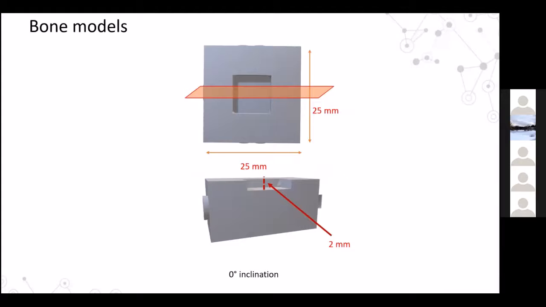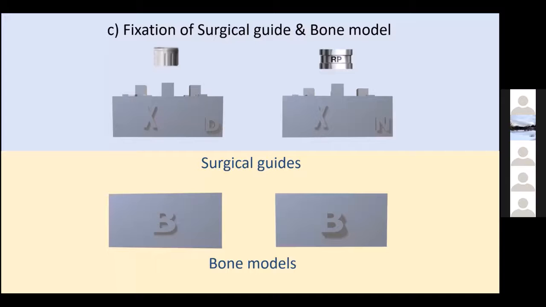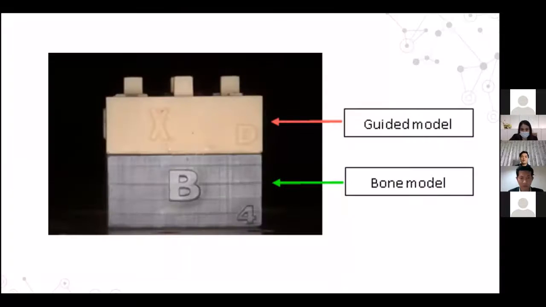Like this. This is the final bone model. Then we fixed the surgical guide and the bone model with cyanoacrylate superglue for bonding, and the metal sleeve from each dental implant company. Like this.